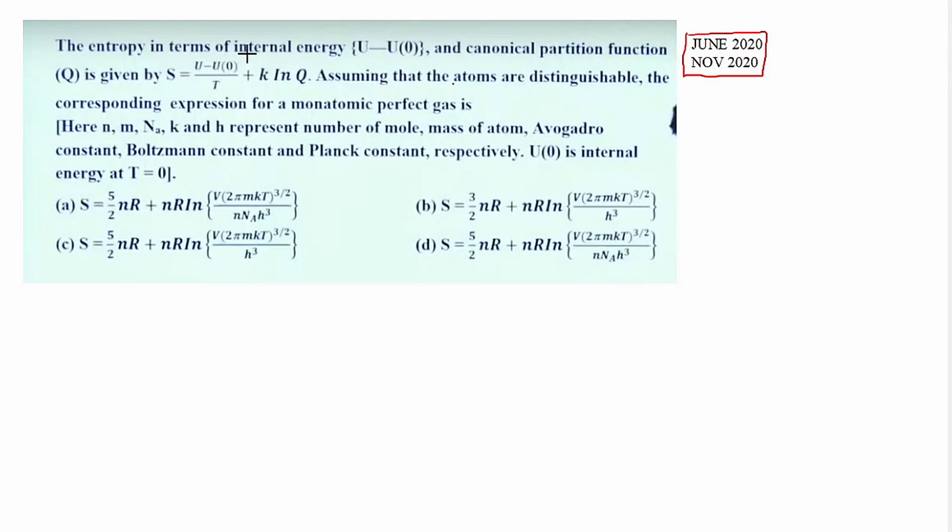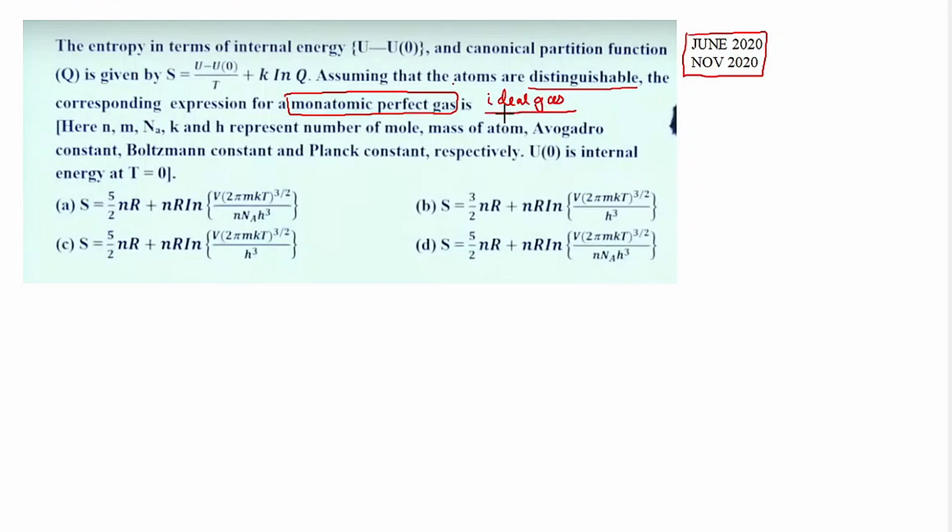So entropy is given in this particular form, and assuming that the atoms are distinguishable, we must find the corresponding expression for the monoatomic perfect gas. Okay, we are asked about the monoatomic perfect gas, that is our ideal gas.